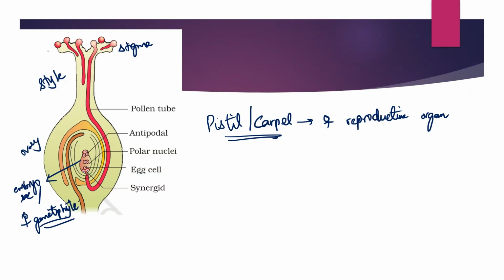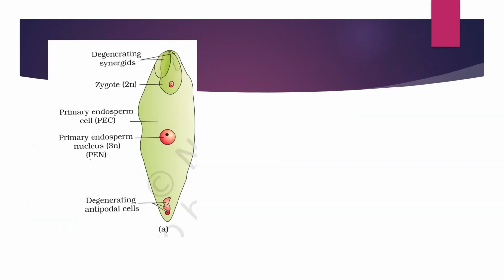When I say compatible, that means the pollen grains of one plant kind are falling onto the stigma of the same plant kind, resulting in the elongation of the pollen tube and meeting at the female gametophyte, also known as the embryo sac. Now, if you see, this is the embryo sac, also known as the female gametophyte.